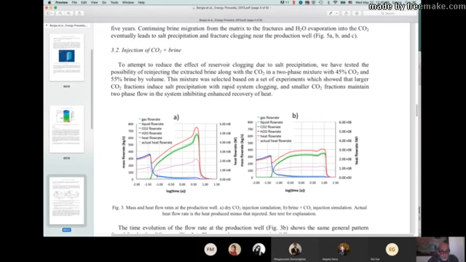Now, you see there is a liquid flow rate, which is the light blue, and the H2O flow rate, which is the dark blue. The liquid flow rate, you see at some point it goes to 0.